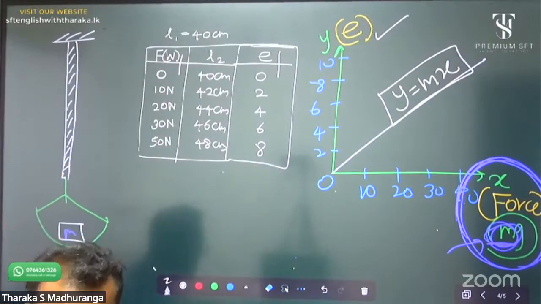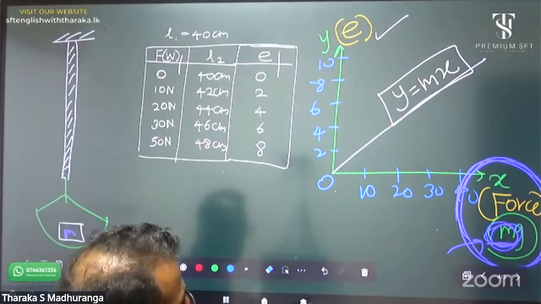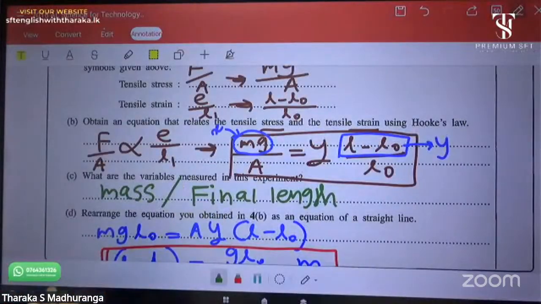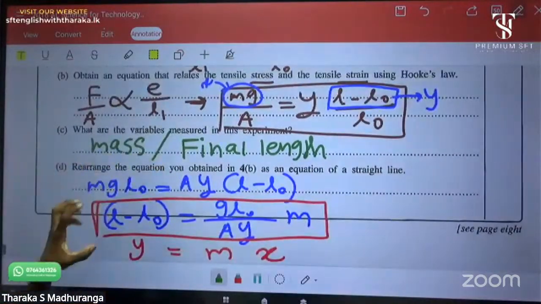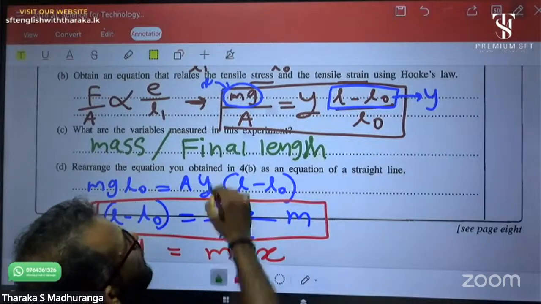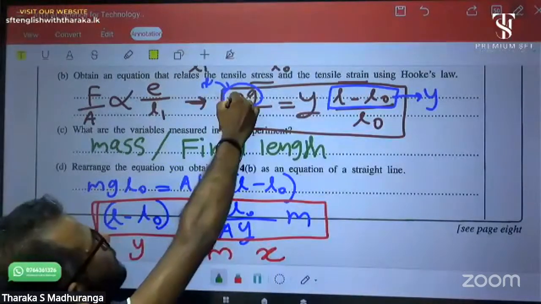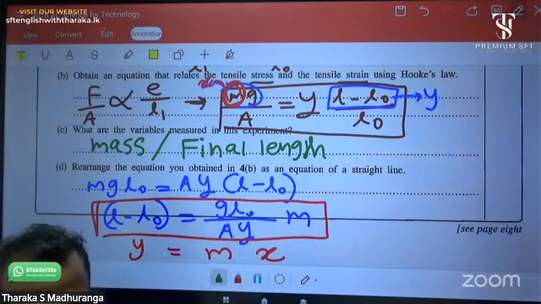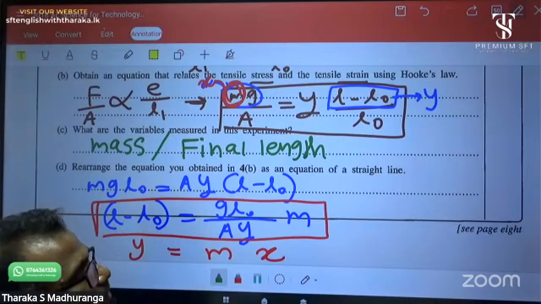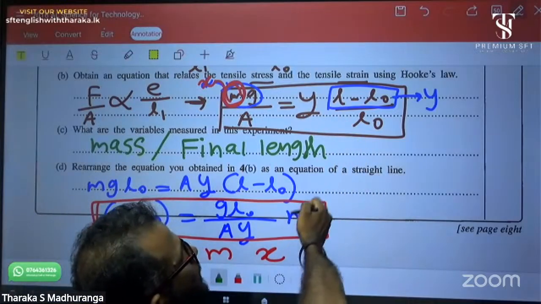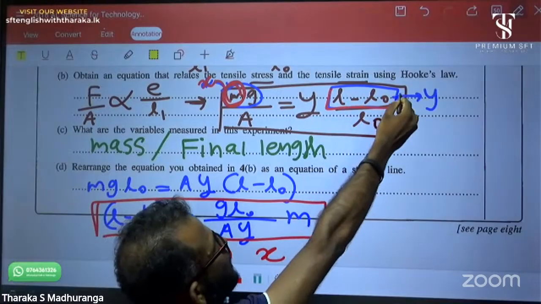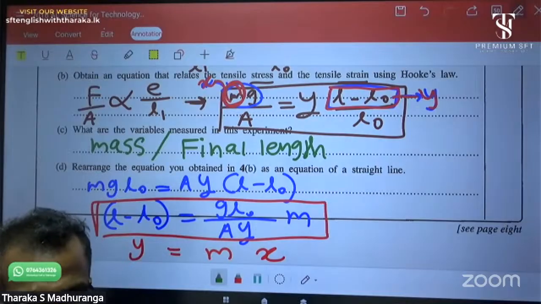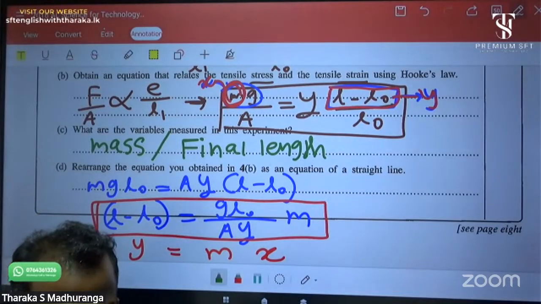Now in this given experiment, which factor is changed by us? Mass. Actually not mg, mass. Mass is x. Then the extension changes automatically, it is dependent, therefore it is y. I selected x and y first.